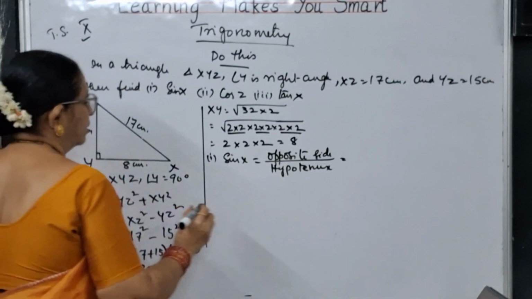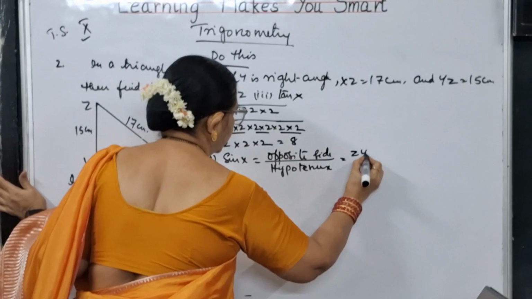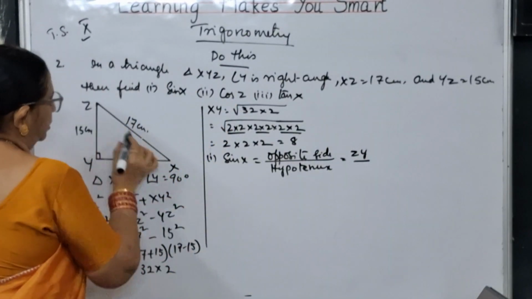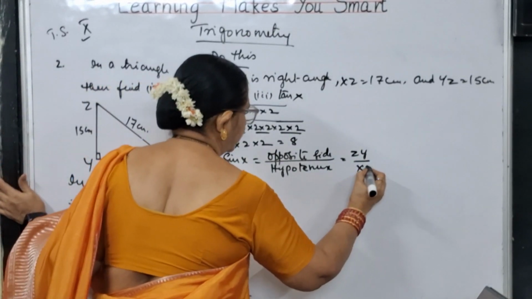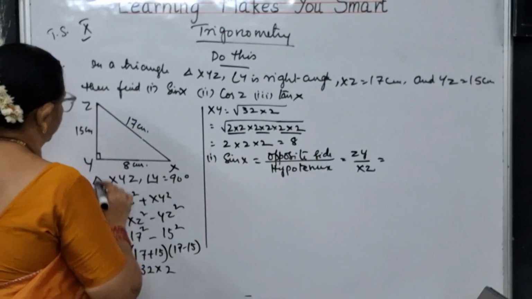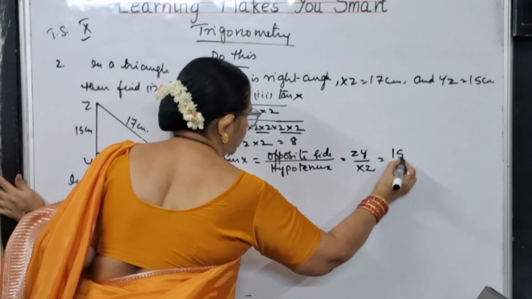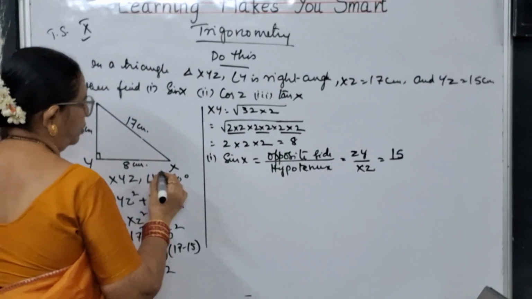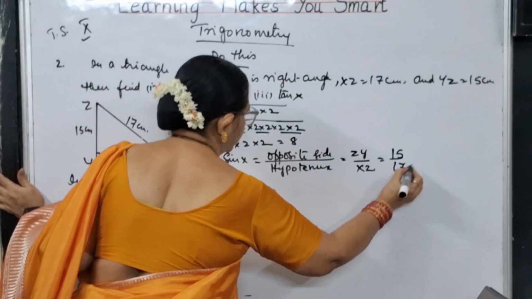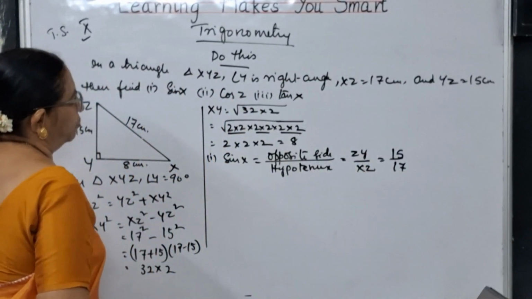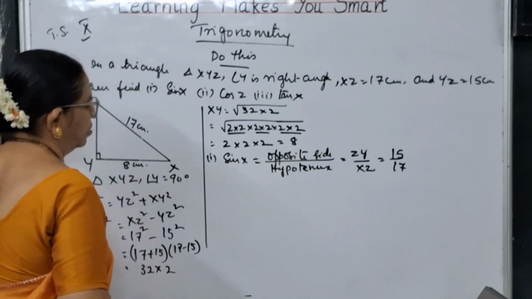Opposite side is ZY by hypotenuse is XZ. So what is ZY you have got? 15 divided by XZ you have got 17. This is the answer for sin x, children.